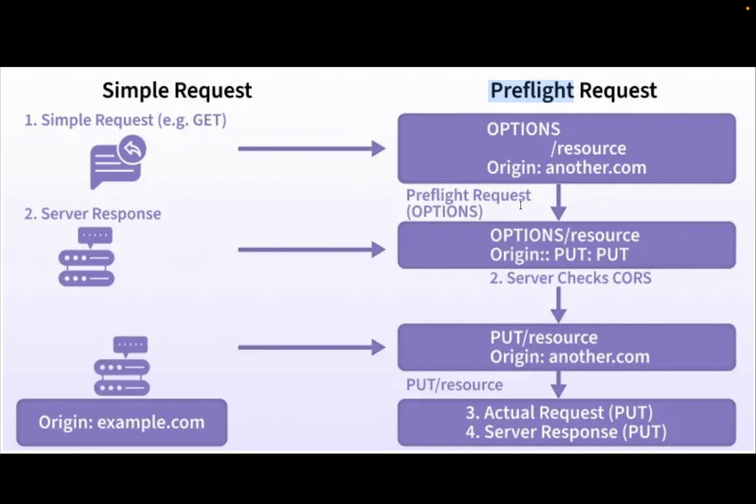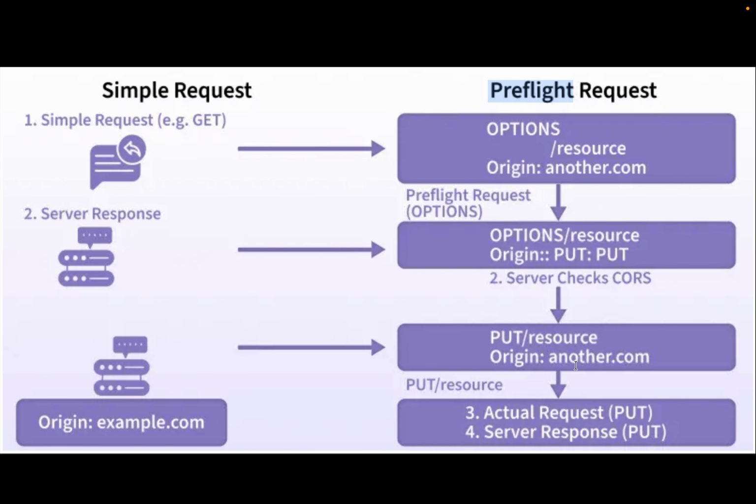Why does the browser do this? The method is PUT, so currently we are using the PUT method, or a custom header is used, or an authentication header is present. The browser is asking the server, are you okay with this request? So server checks the CORS rule: whether this another.com origin has been allowed or not, and whether the PUT method is allowed or not.